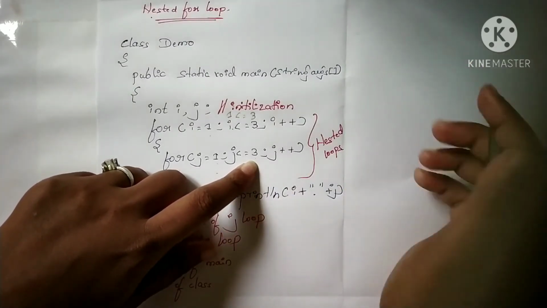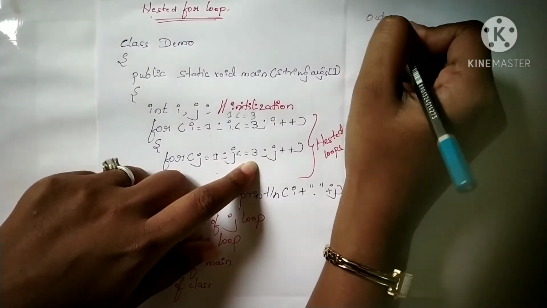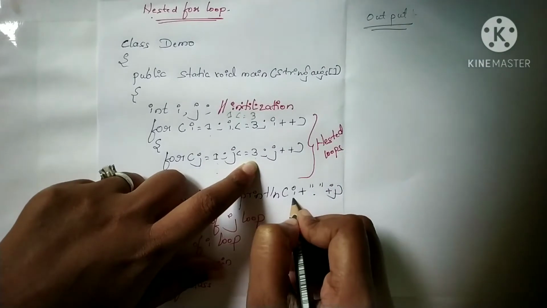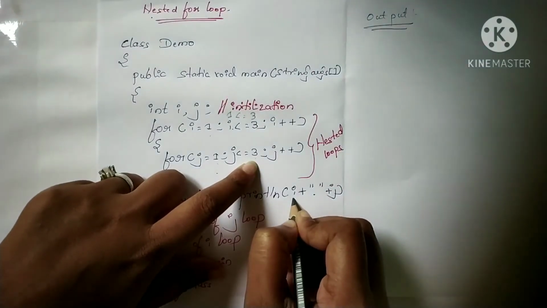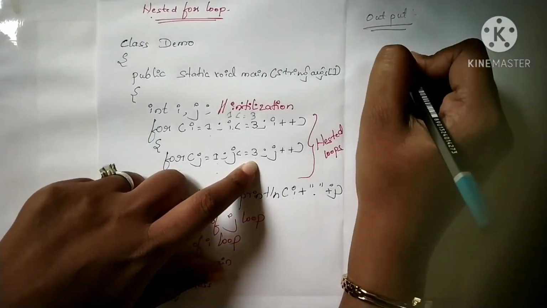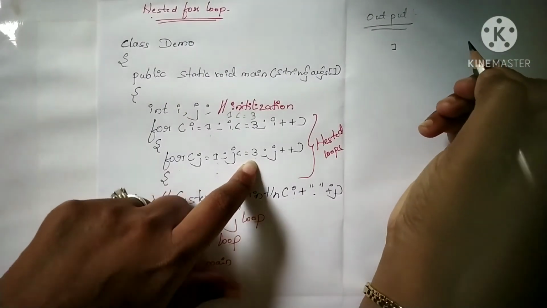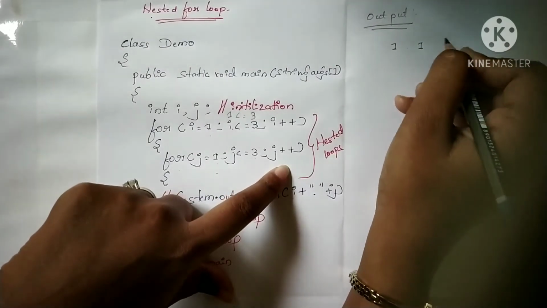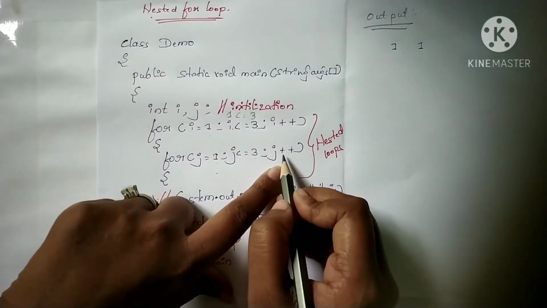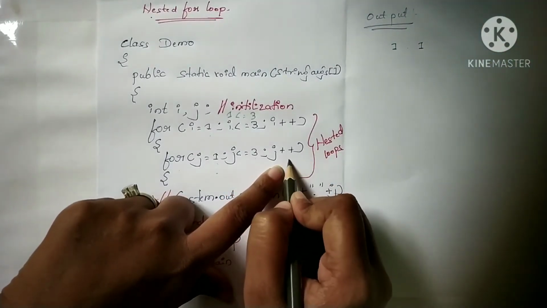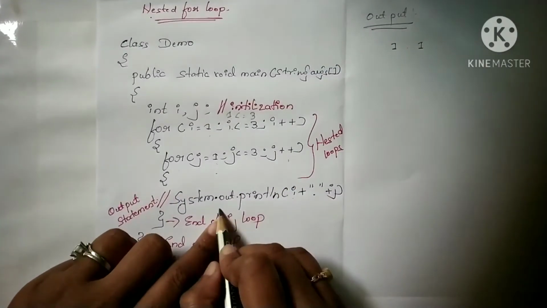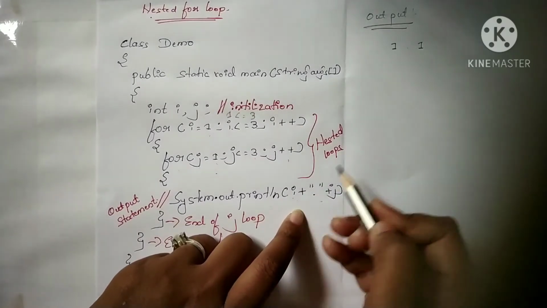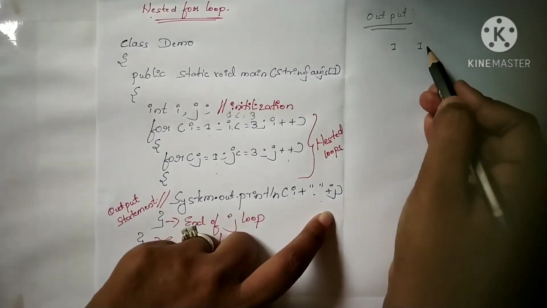The output statement will be executed with the i value 1 and j value 1.